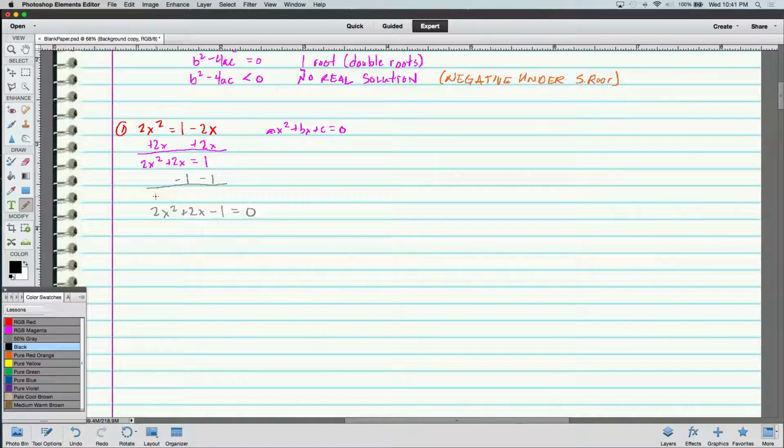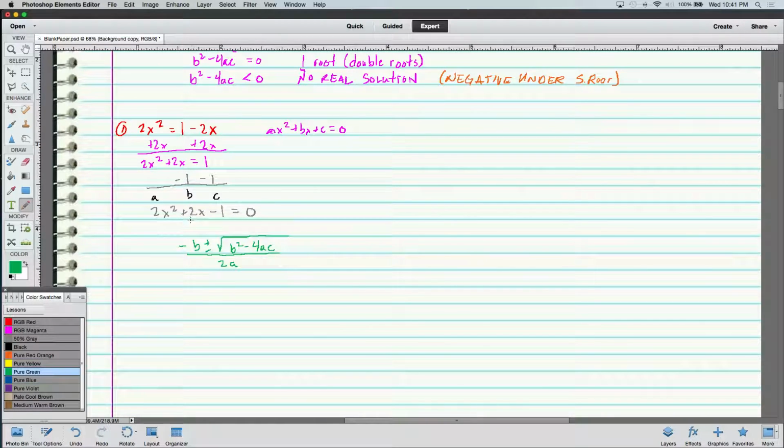So now we have our a, our b, and our c, and we can move over to step 2, which is just plugging them into the actual quadratic formula. The quadratic formula says negative b plus or minus the square root of b squared minus 4ac, all divided by 2a. And it's just substitution.